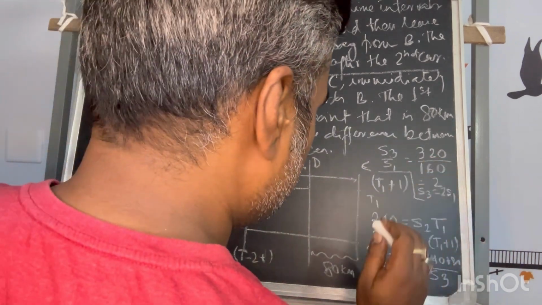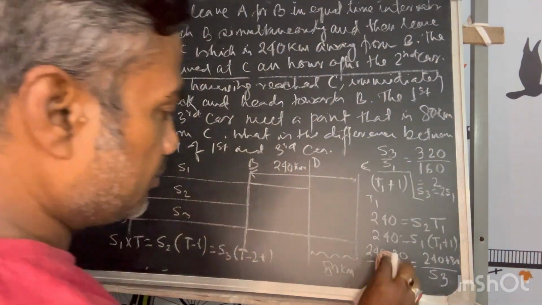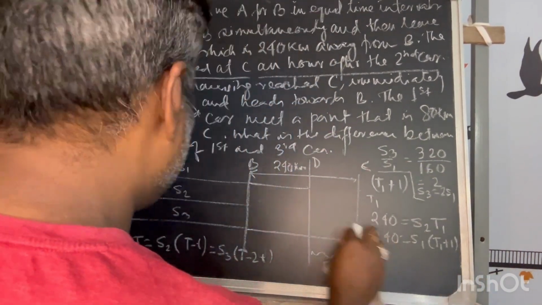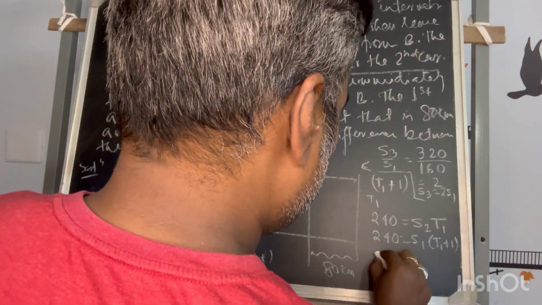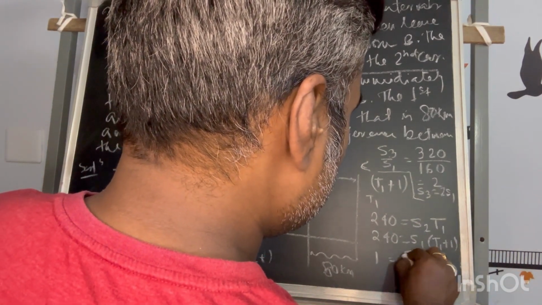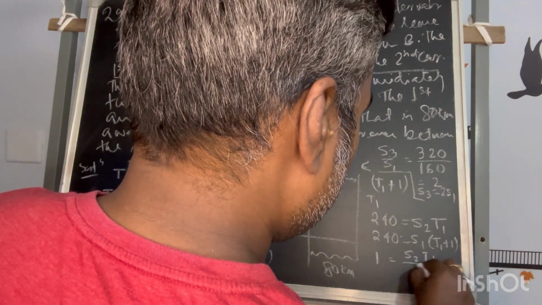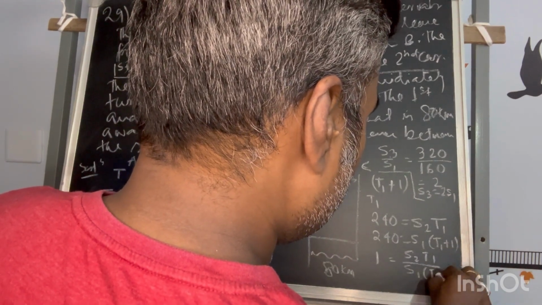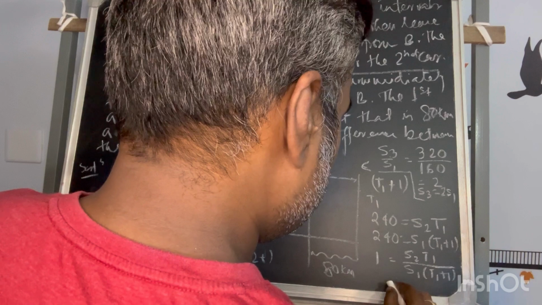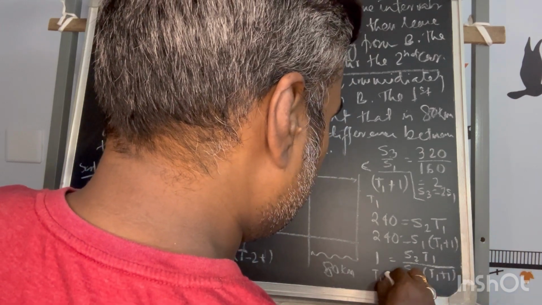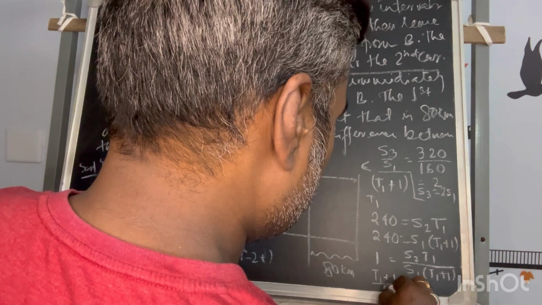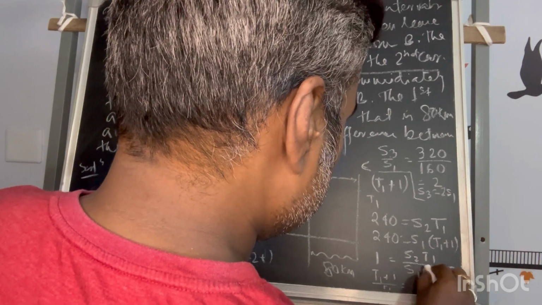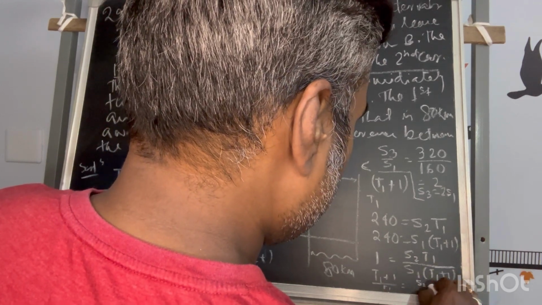Now this equation is established, so I'll rub it out, and from this 2, if I divide it, I will get 1 is equal to S2 T1 by S1 into T1 plus 1. So this will give T1 plus 1 by T1 is equal to S2 by S1.